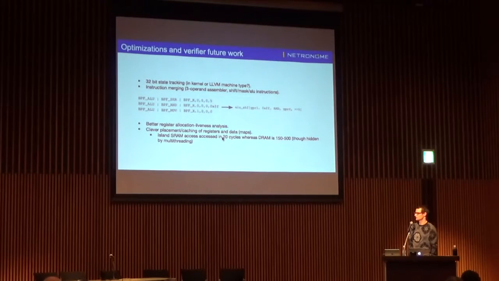We also have some instructions on the cores which are optimized for packet processing, like extracting fields from headers. But that should be a pretty easy optimization, which we will definitely look into in the future. That's basically coming down to doing masks, shifts, and simple ALU operations in a single cycle on the target.